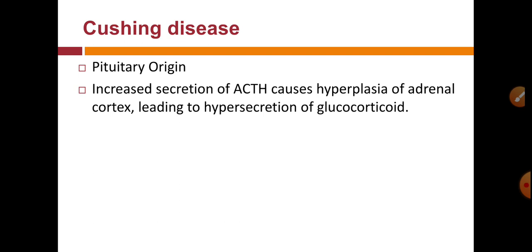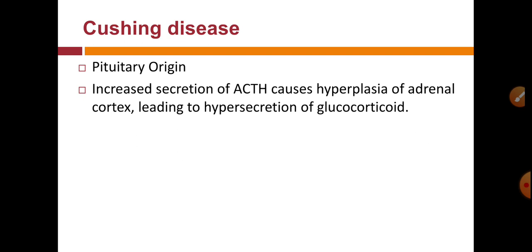When there is hyperplasia or a tumor of corticotropic cells, there is an increased secretion of ACTH, and this causes hyperplasia of the adrenal cortex.